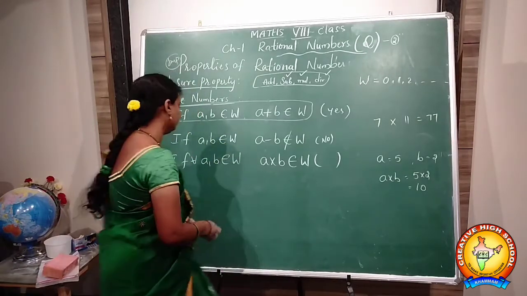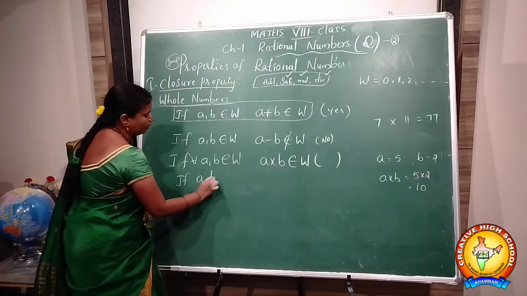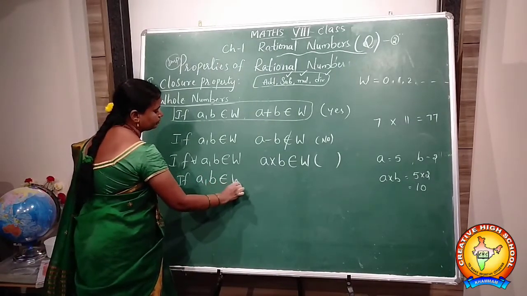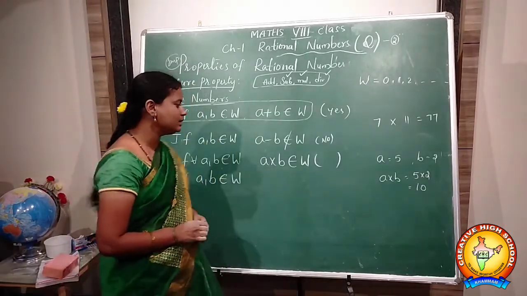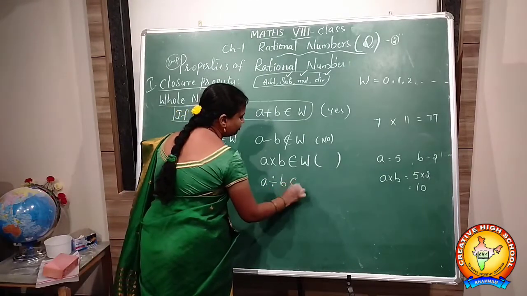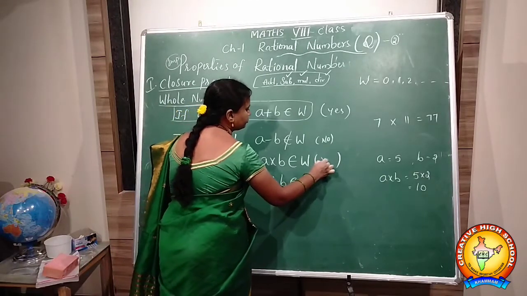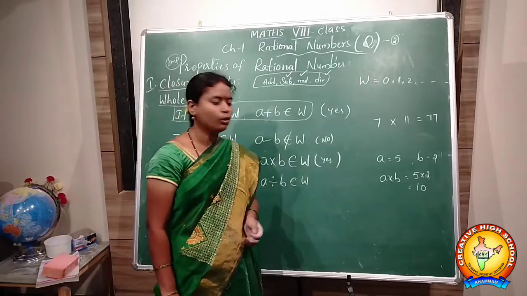Let us check now. If A and B belong to whole numbers, does A divided by B also belong to whole numbers?